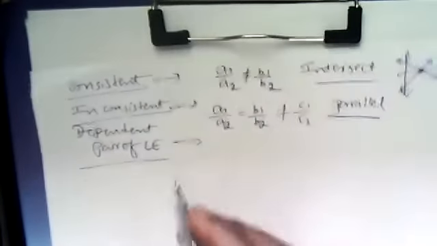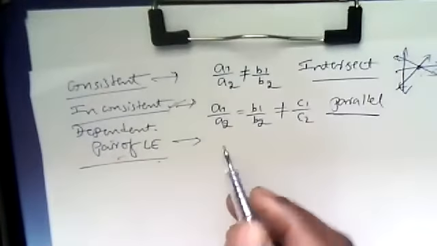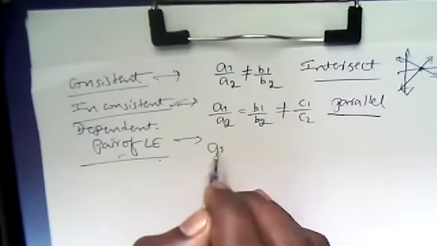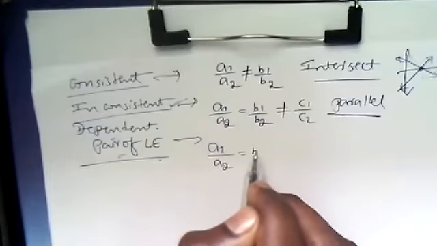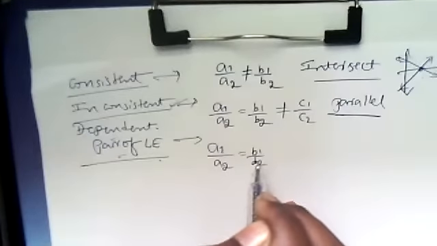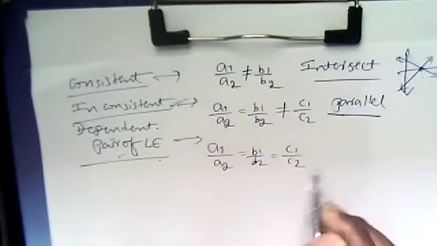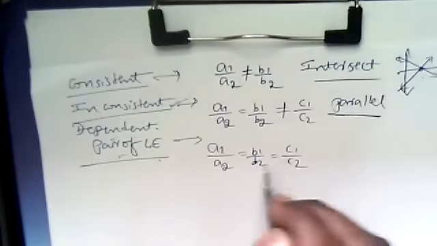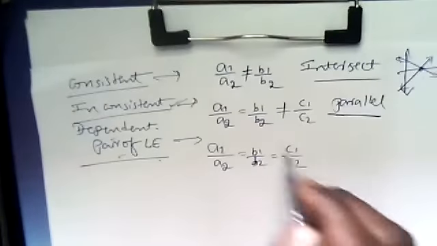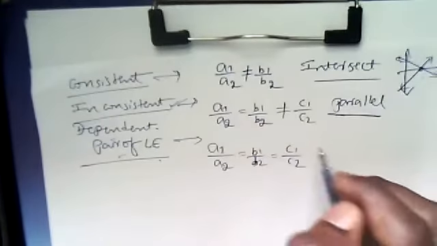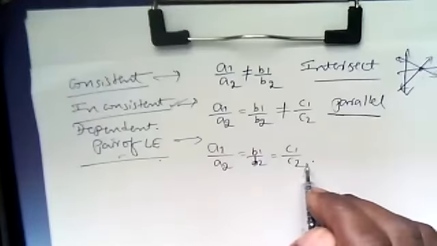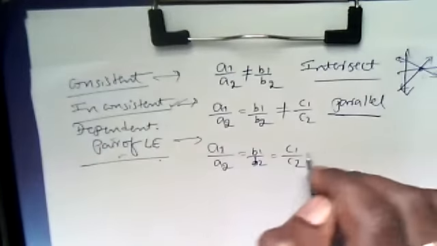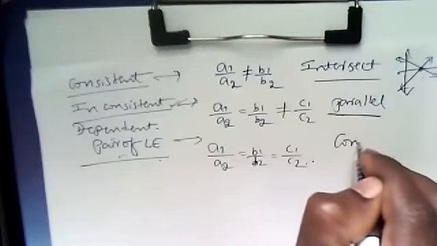Dependent pair of linear equations means what is the condition? It is very simple. A1 by A2 is equal to B1 by B2 is equal to C1 by C2. This is the condition for a dependent pair of linear equations. In this type of graph, the two lines coincide with each other.